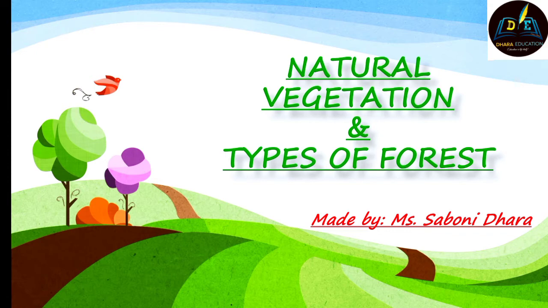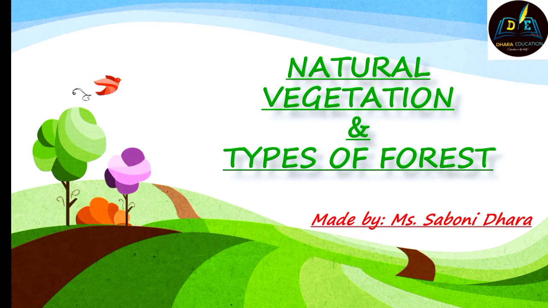So, students, today I am going to tell you something about nature. As you can see on the screen, it's so beautiful, greenery all over it with the beautiful trees. The bird is also flying very nicely in the sky.